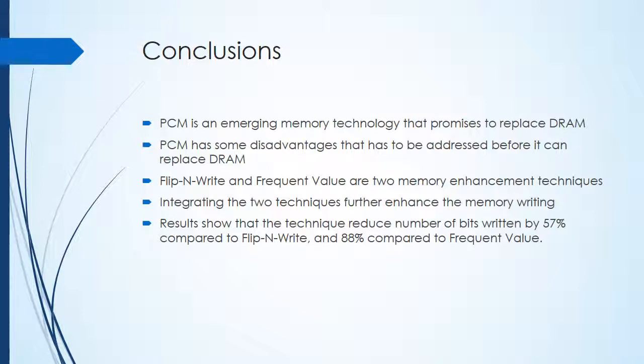The flip and write and the frequent value are two memory enhancement techniques, and integrating these two techniques can further enhance the memory writing. The results show that the two techniques combined reduce the number of bits written by 57% compared to flip and write implemented by itself, and 88% compared to frequent value.